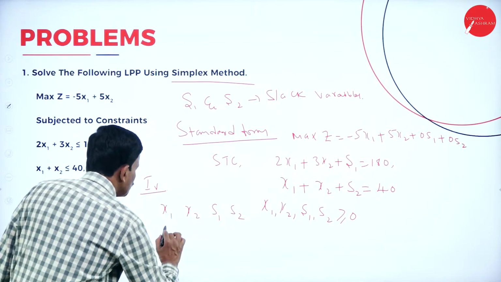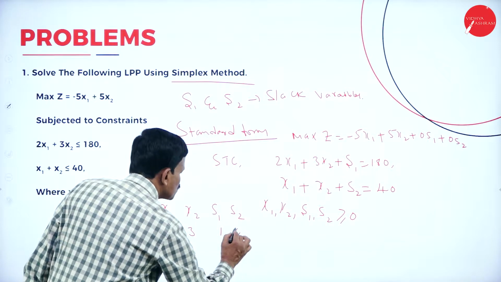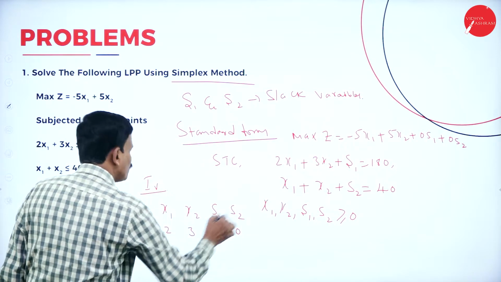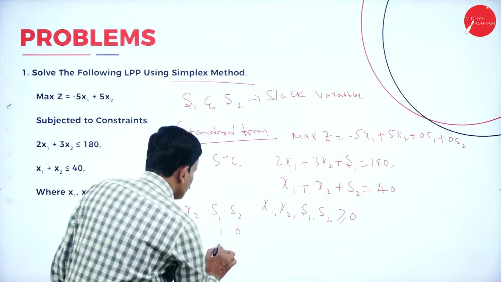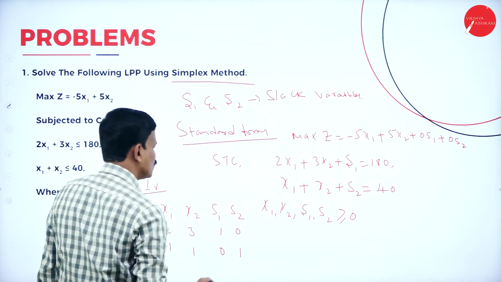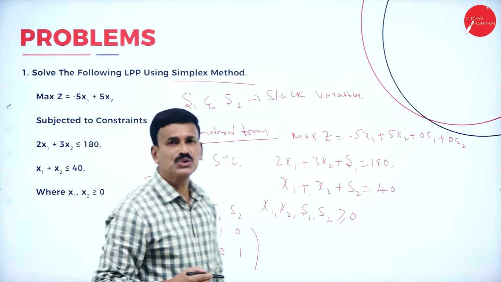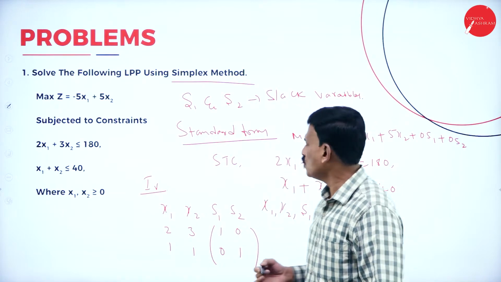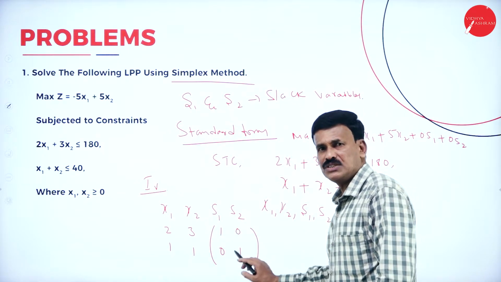The coefficients of x1 are 2 and 1, x2 are 3 and 1, S1 are 1 and 0, and S2 are 0 and 1. You can observe carefully, this is an identity matrix of order 2 by 2. So the identity matrix forms for S1 and S2.